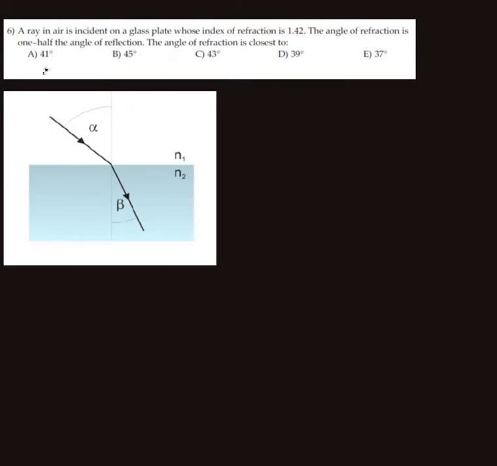So the first thing we're going to do here is use Snell's law. You remember Snell's law says the index of reflection, sine of the angle of reflection, is going to be equal to the index of refraction, sine of the angle of refraction. Perfect. Great. This is something we need.